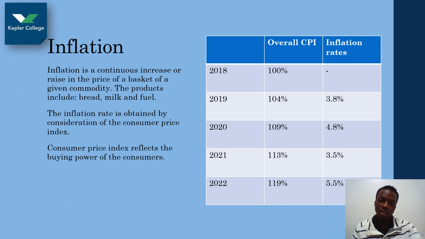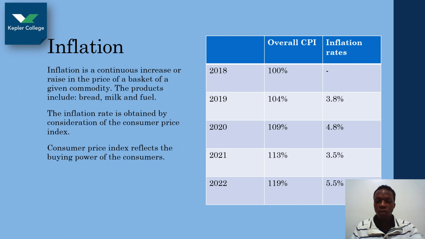So if we say 3.8% as the inflation for the first year after the base year, this economically means that from the base year that people have been buying different commodities, there has been an increase of 3.8% on a given commodity that was being sold within the year, considering a given basket.